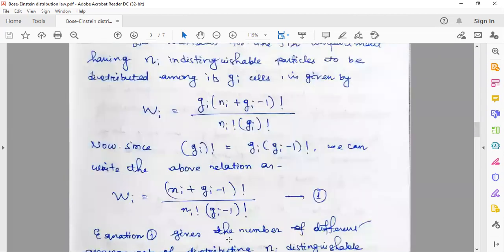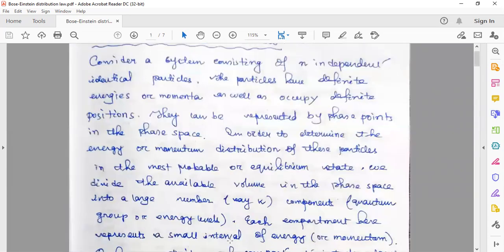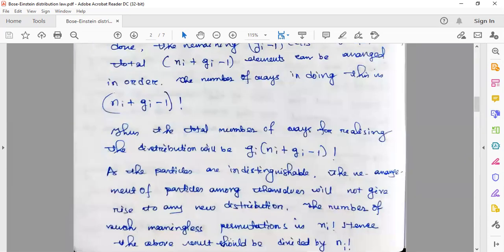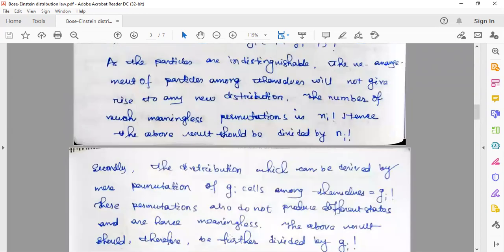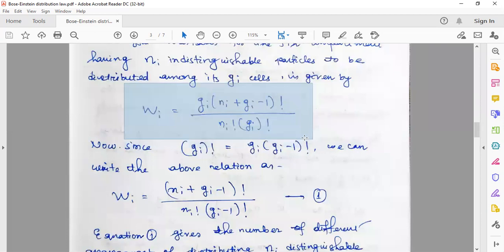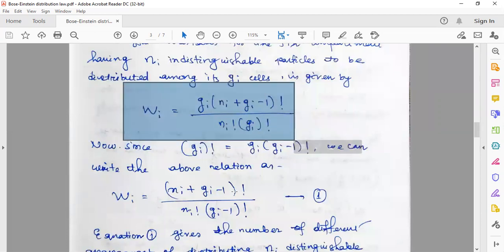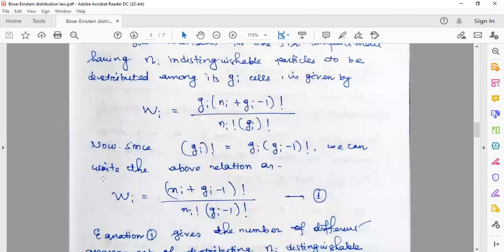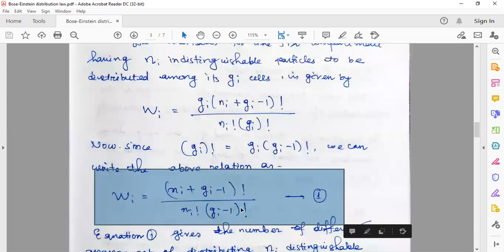So you have to make it simpler in your own terms. Although a lot of things have been written here, this is the expression that you have to directly write, or equation 1 will also do.